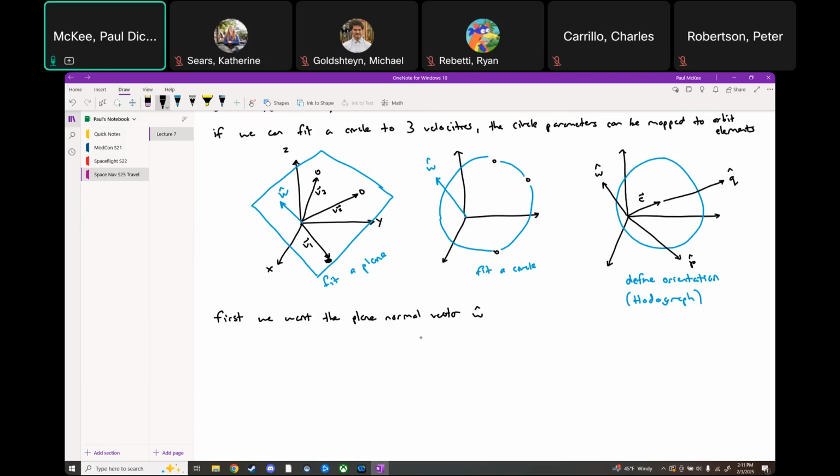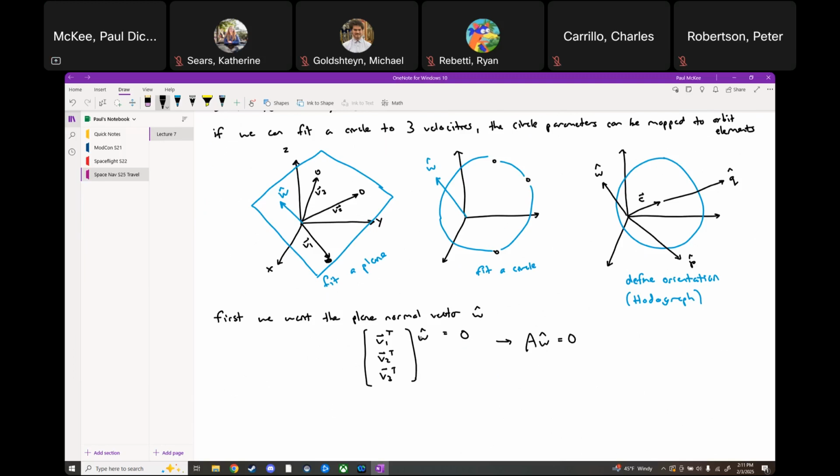So we can actually set up a set of equations that looks like this. Velocity 1 transpose, velocity 2 transpose, velocity 3 transpose. Stack those into a matrix, and then multiply that by W, you should get 0. Or we can call this matrix A. So we're going to say AW is equal to 0.